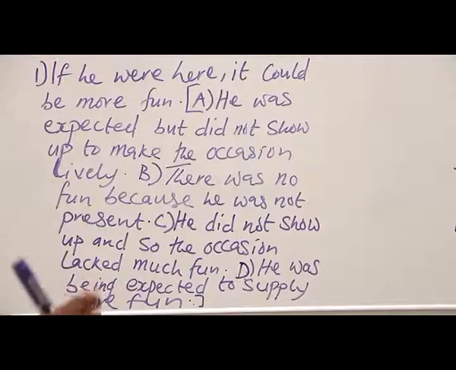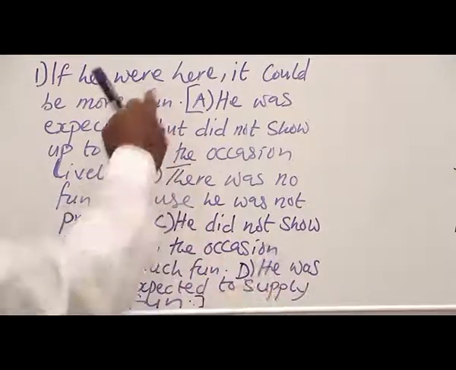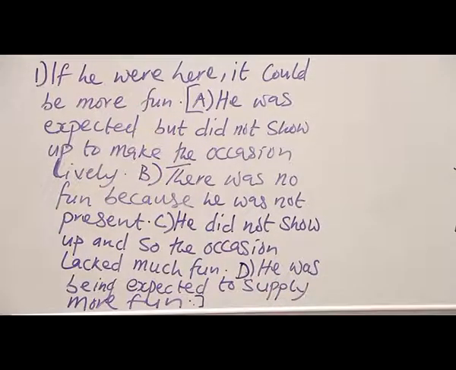Probably he wasn't even invited, but they realized later that he was the type of person who could provide more fun than they got. So you see that he was expected has given us more meaning than what the sentence actually says. So you can't take that as your answer.